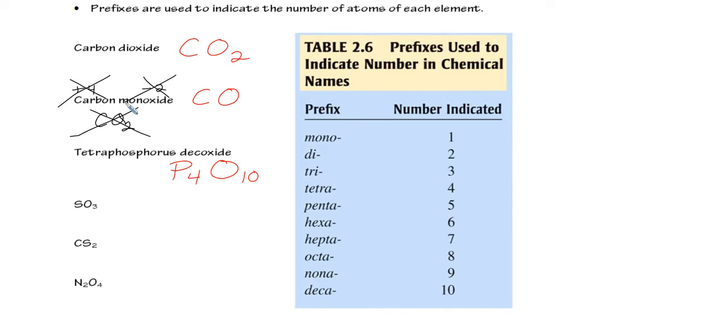But then again, they'll say, but I can't have that. I'm going to have a breakdown, because CO would not be neutral. They want to freak out about the charges again. Like, carbon is +4 and oxygen is -2, and that's not going to be neutral. I don't care. In this compound, there is no charge.